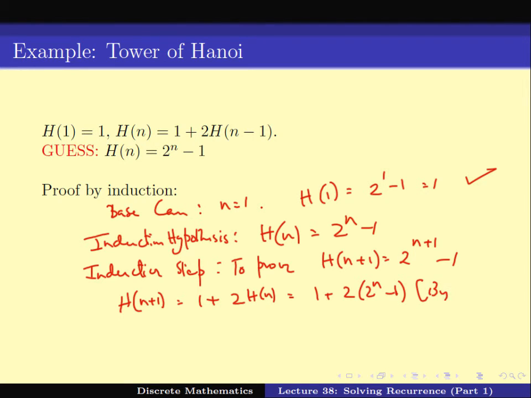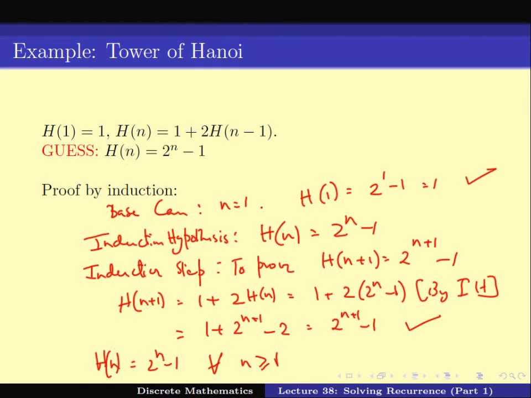This is again by induction hypothesis, which is 1 plus 2 power n plus 1 minus 2, which is 2 power n plus 1 minus 1, and this is what we had to prove. So h of n equals 2 power n minus 1 for all n greater than or equal to 1.